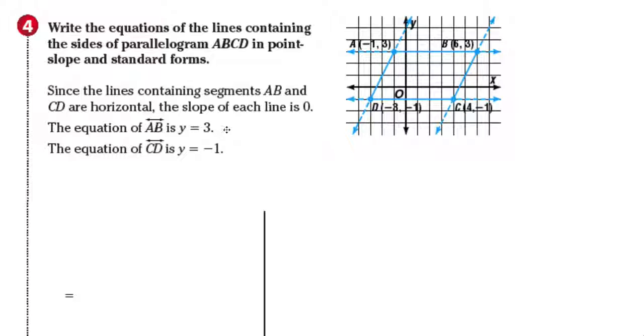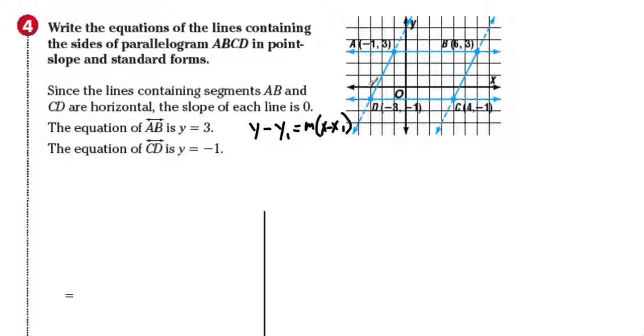We know this by, I think, example 2, when we found the point slope form of a horizontal line. Let's just review how we got y equals 3. If you look at line AB right here, point slope form is y minus y sub 1 is equal to m times x minus x sub 1.